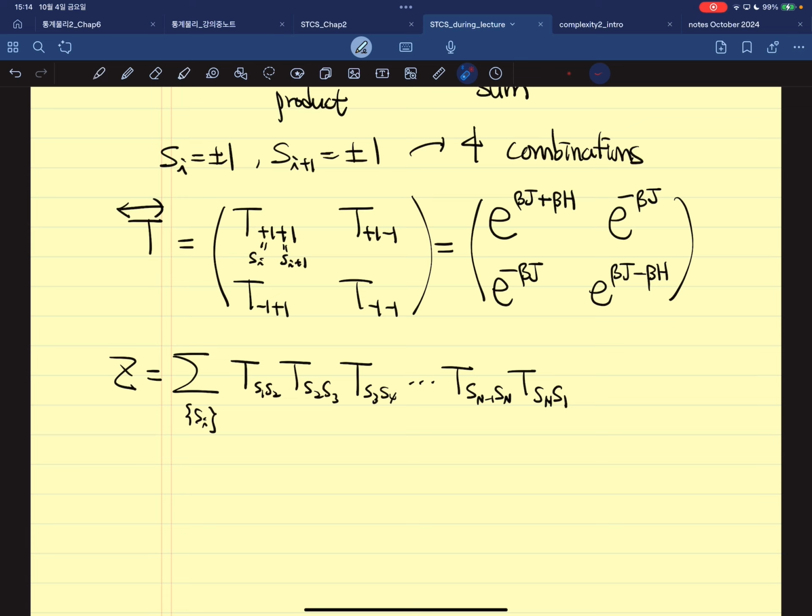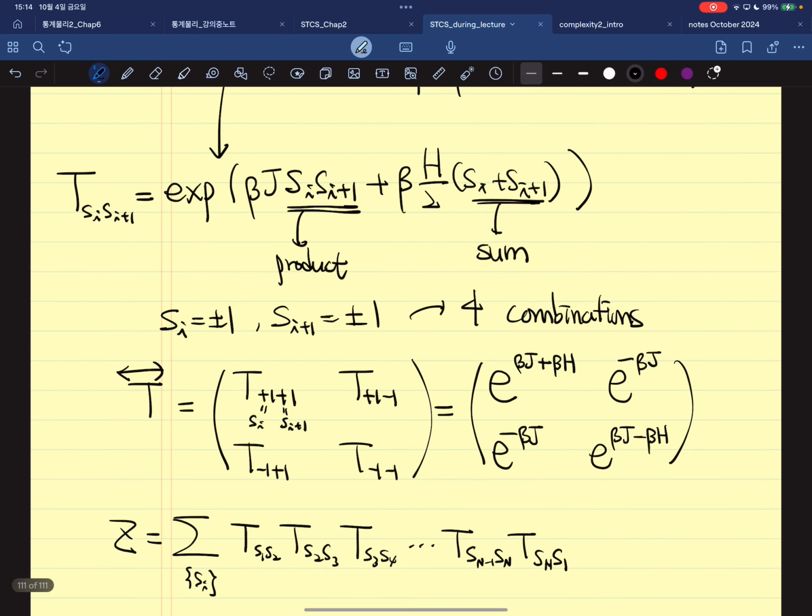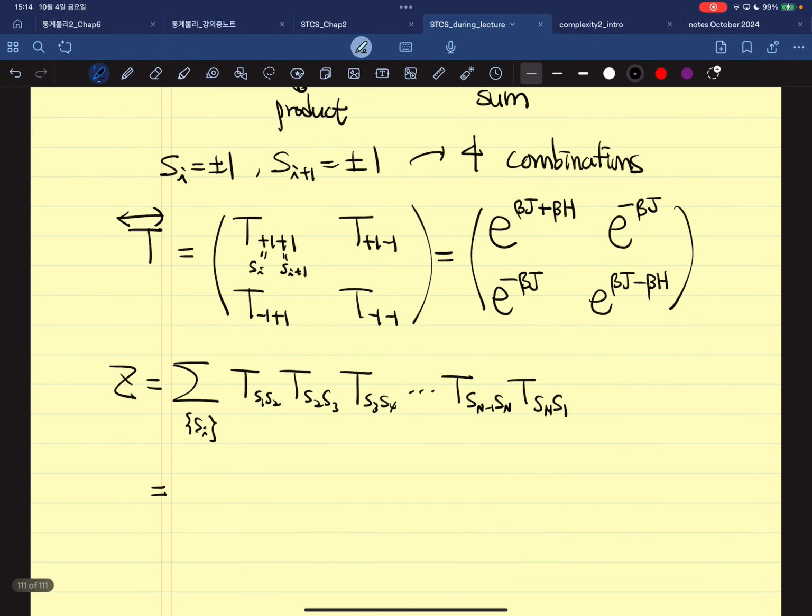Now let's explicitly write down this. By the way, this matrix is called the transfer matrix, representing the relationship between the two adjacent spins, which will be used a lot for various parts of statistical physics. So it's better for you to be familiar with this.